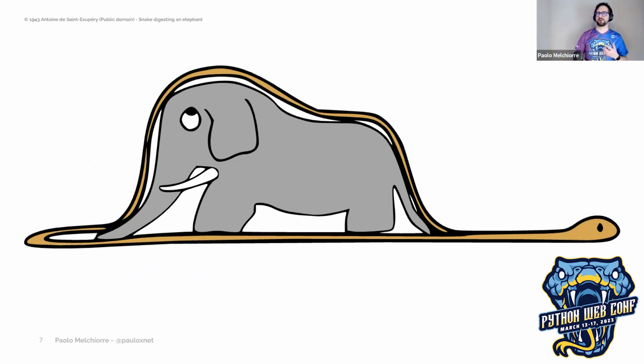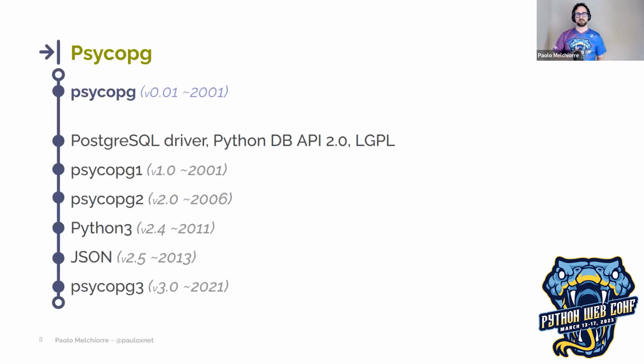I think many of you are familiar with this drawing from The Little Prince, a snake digesting an elephant. This drawing is used as the header of the social accounts of psycopg, the Postgres driver for Python. I think it represents its goal very well, Python with Postgres inside. psycopg is the most used and advanced Postgres driver for Python.